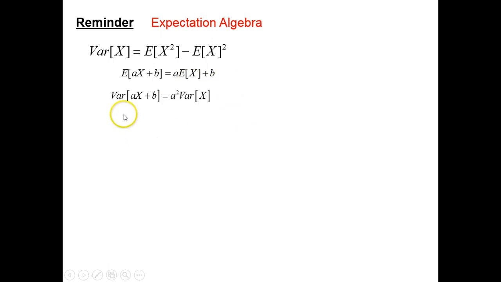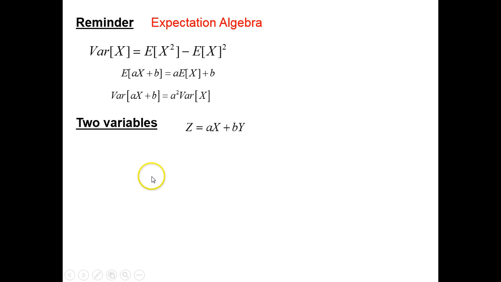And the variance of that, well, you square the coefficient and disregard the b because that does not vary. So a squared times the variance of x for the variance of the combination.